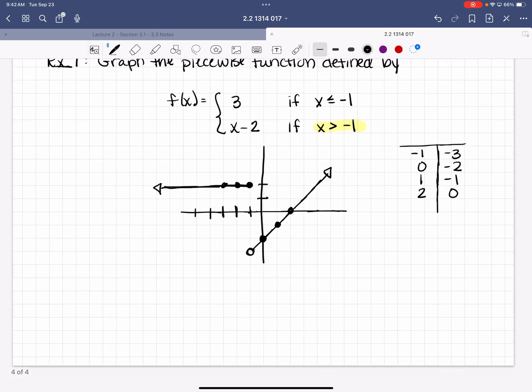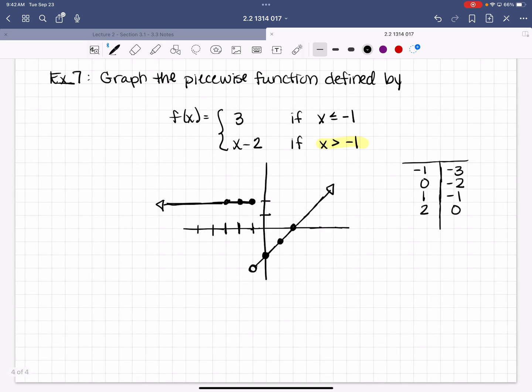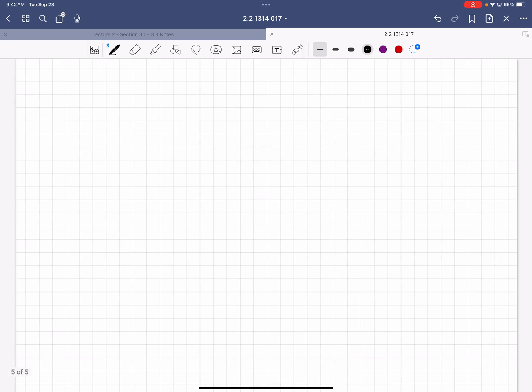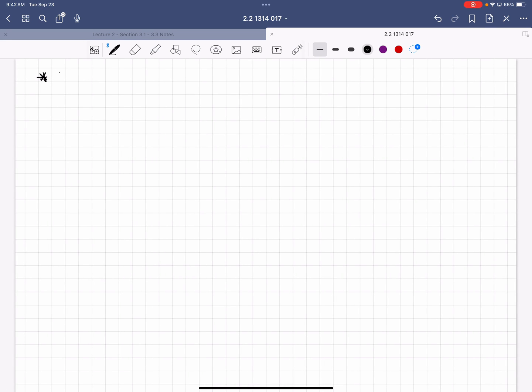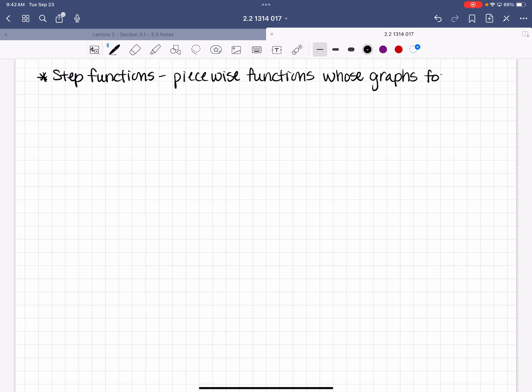There is a piecewise function called a step function. Step functions are piecewise functions whose graphs form discontinuous steps.